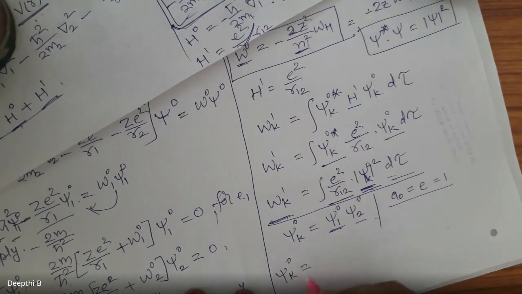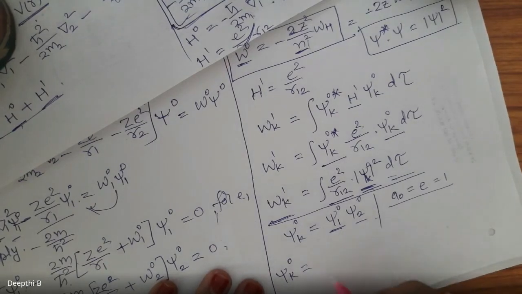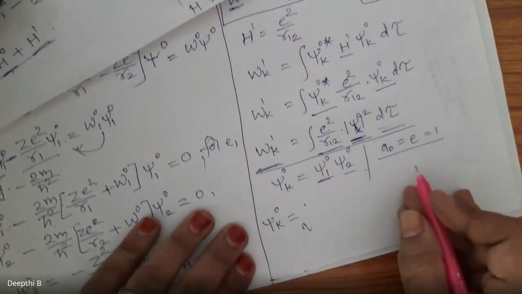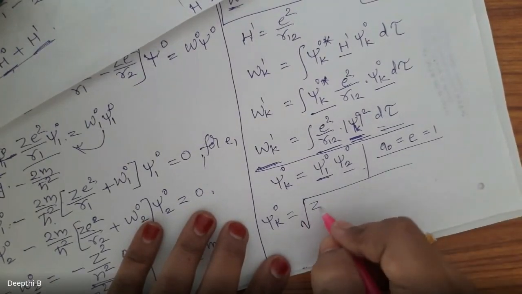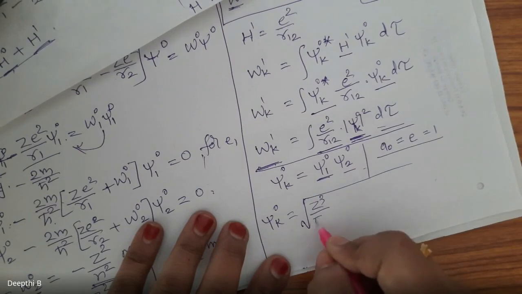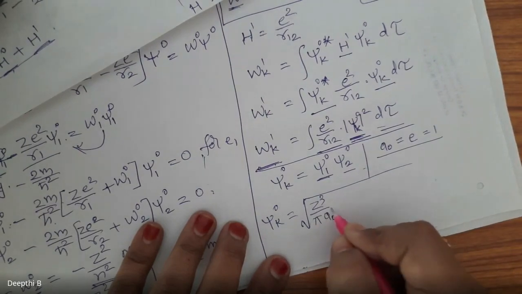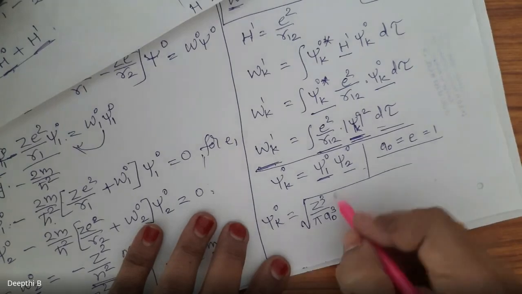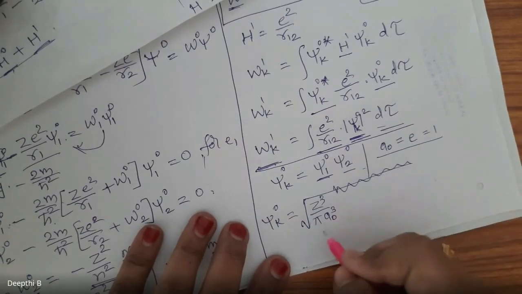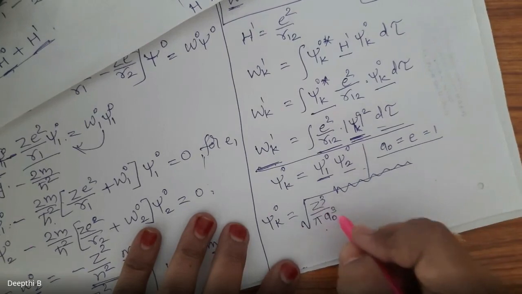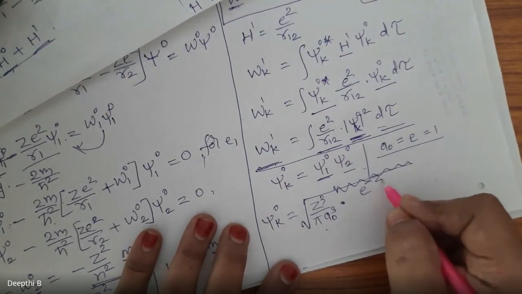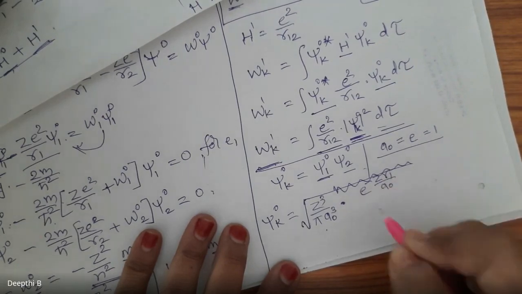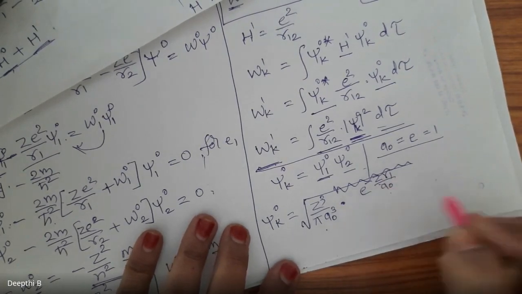See here, students, it is one formula: root of Z cube by pi a naught cube into e power minus Z r1 by a naught. It is for psi 1.